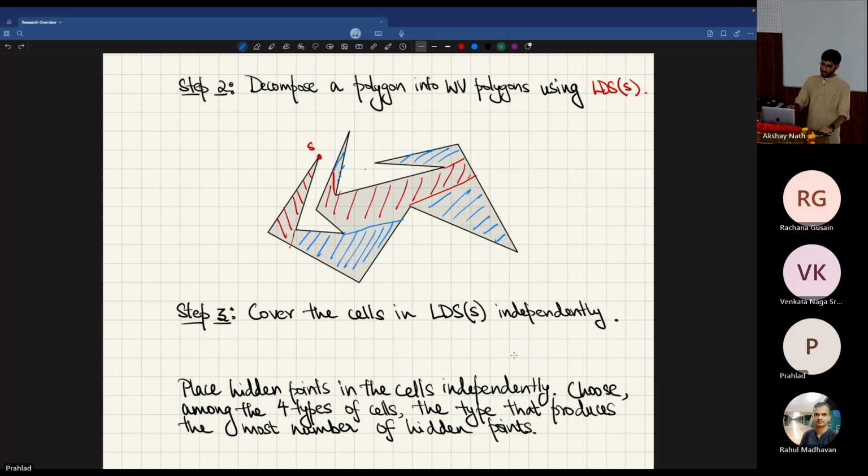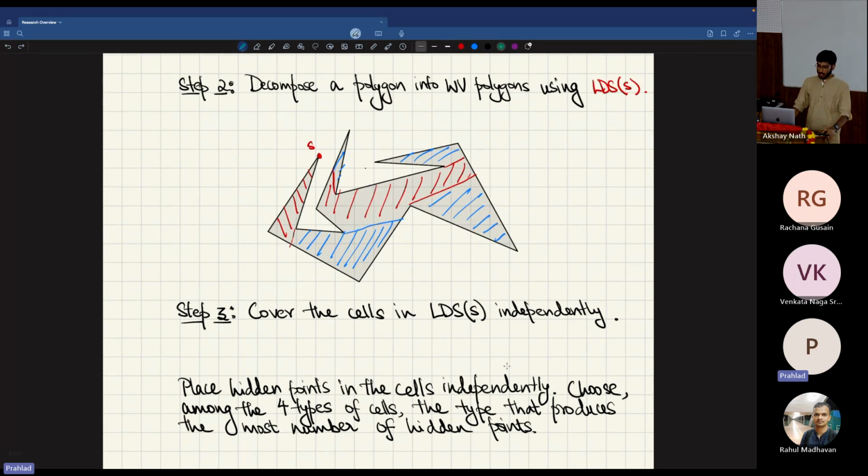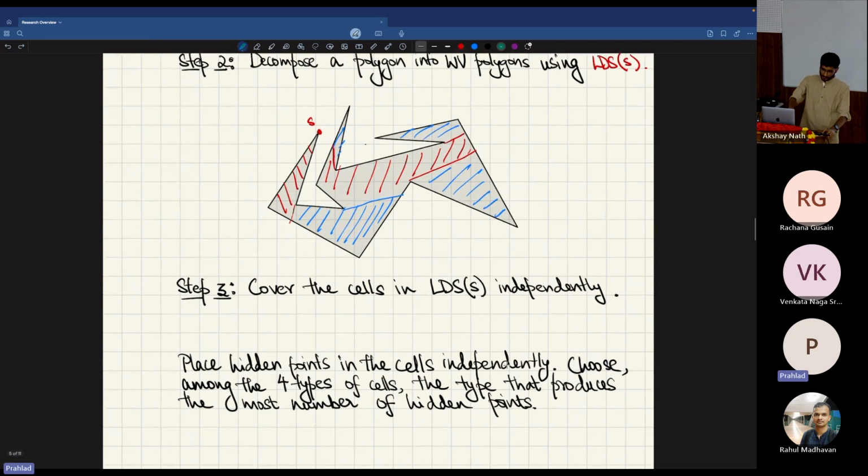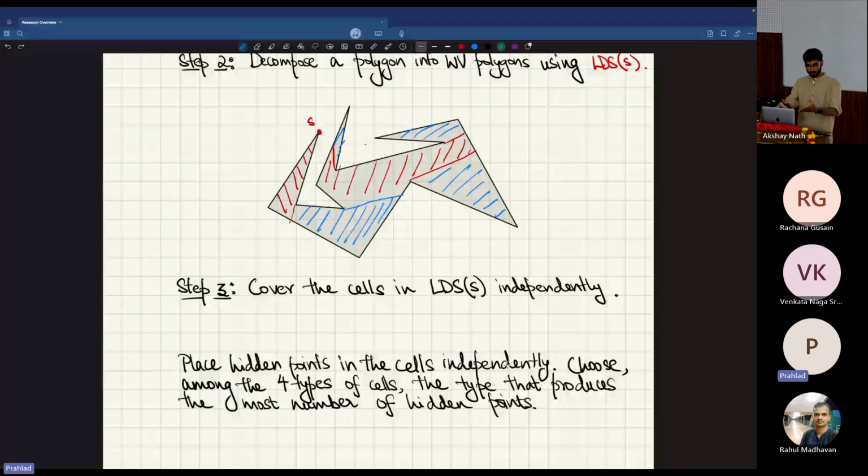This is something that can possibly be improved if you want to improve the approximation factor in total. But I think this might be harder than what we have for weakly visible. We have a 2 approximation for weakly visible polygons. That gives us the 6 approximation for general polygons because of the 3 factor, and an 8 approximation for general polygons for hidden set because of the 4 factor that we lose here. I honestly think it's going to be easier to improve the 2, because we don't even have a hardness result, for example.